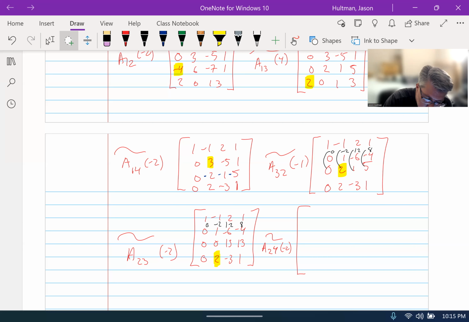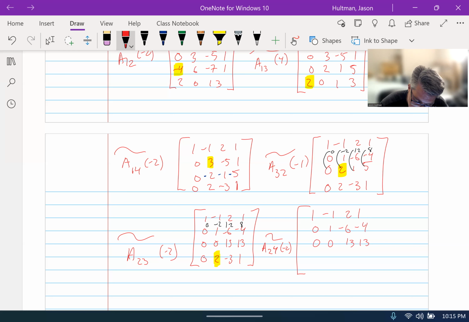Okay, and so we get our resultant matrix of 1, -1, 2, 1, a 0, 1, -6, -4, 0, 0, 13, 13.